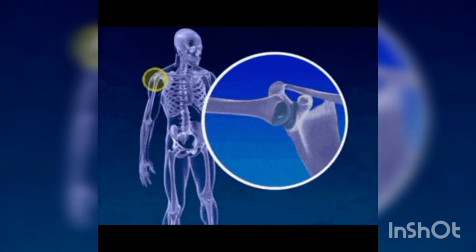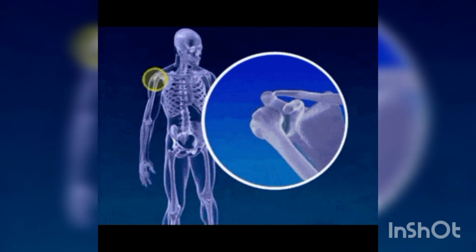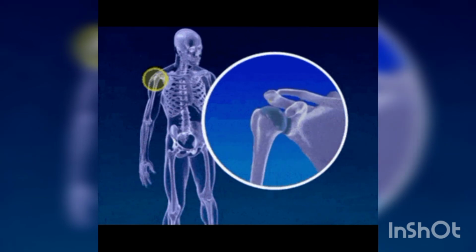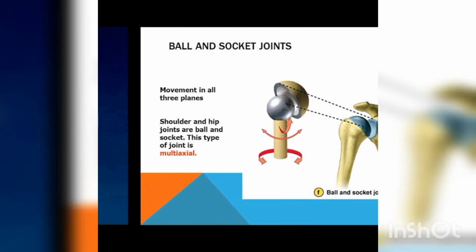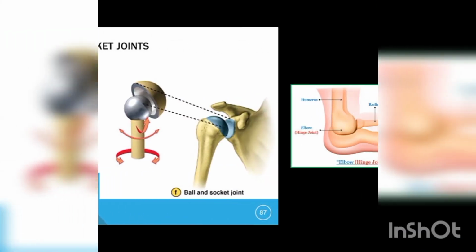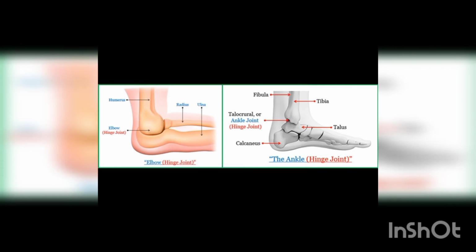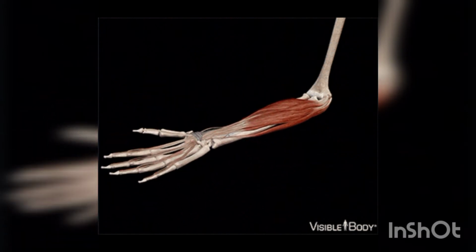The joint found in our shoulder and hip region is called ball and socket. It helps us move in all directions, such as bending, stretching and rotating. Second one, the hinge joint. The joint found in our elbow, finger, knee and toe is known as the hinge joint. It helps to move in one direction.